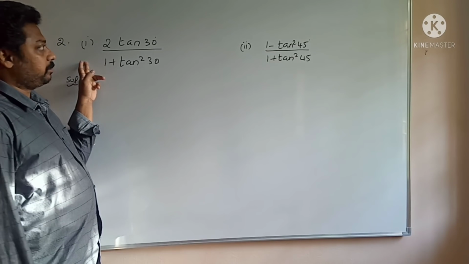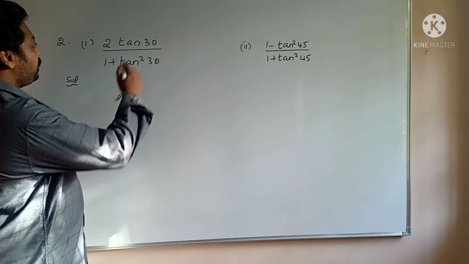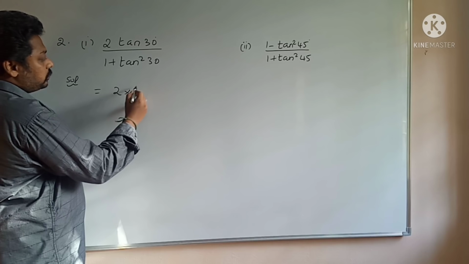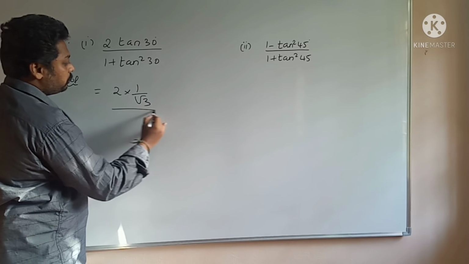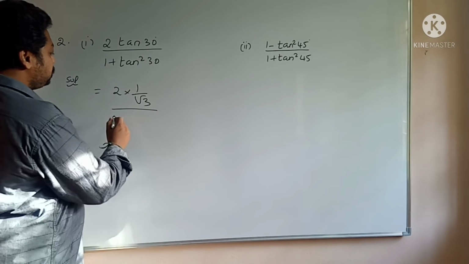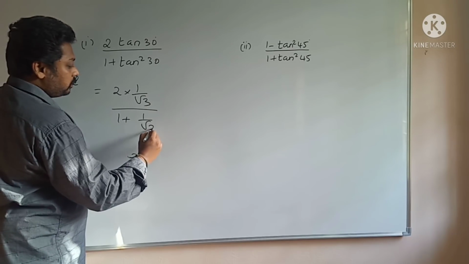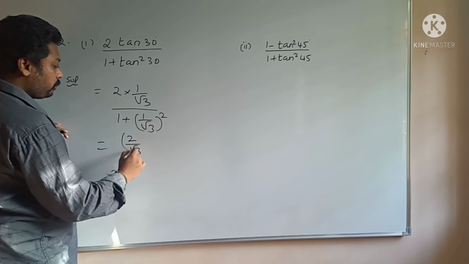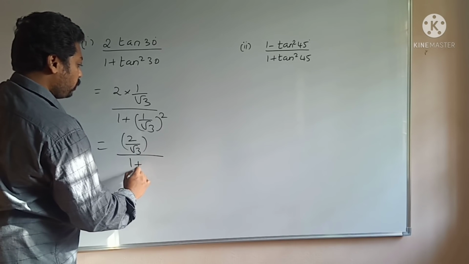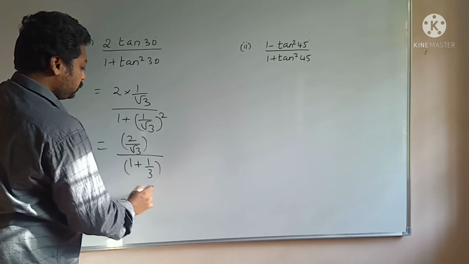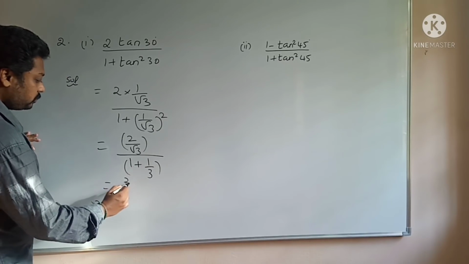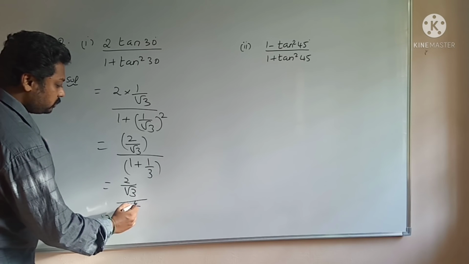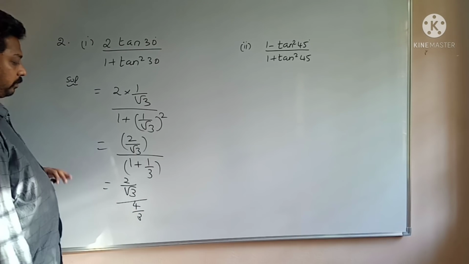Coming to the second Arabic, first Roman: 2 tan 30 divided by 1 plus tan square 30. What is tan 30? Tan 30 we know is 1 by root 3, whole divided by 1 plus tan square 30, that is 1 by root 3 whole square. So 2 by root 3 whole divided by 1 plus 1 by 3. Just we take the LCM here: 3 plus 1 is 4 by 3.